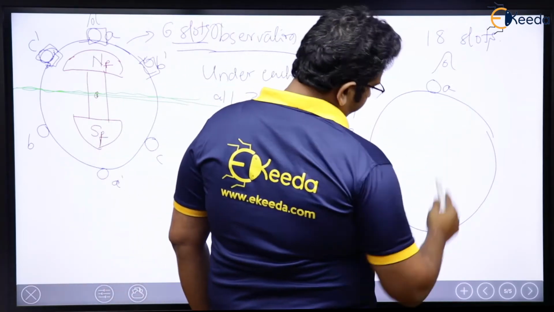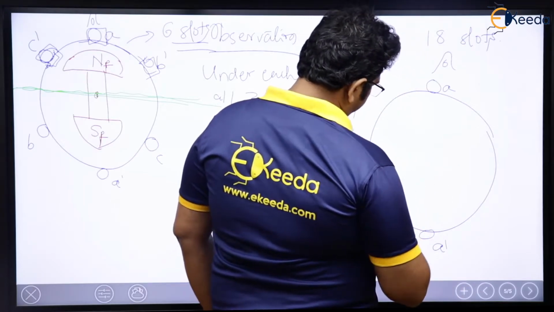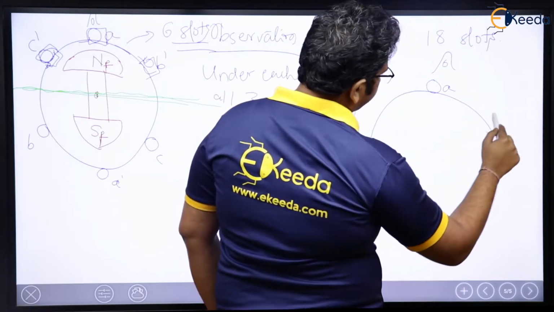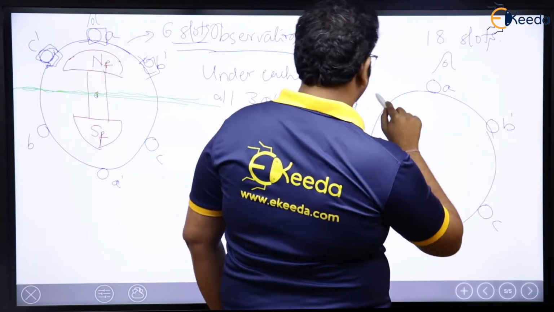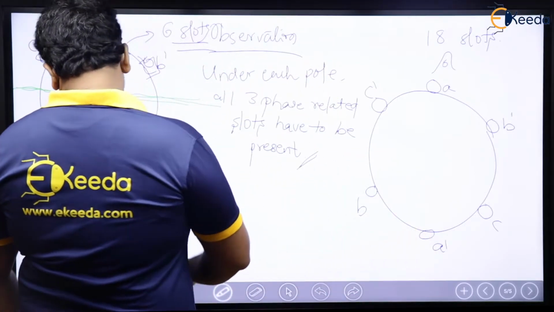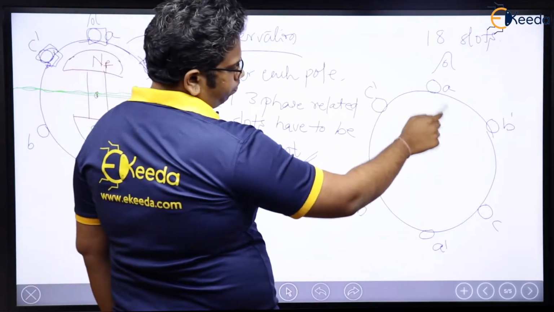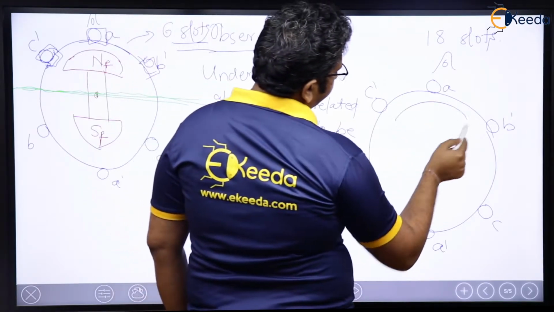This is going to be the A slot, the A dash slot. This is going to be the B slot, B dash slot. This is going to be the C slot and C dash slot. The moment I am keeping A and A dash 180 degrees apart, it has to be two pole.